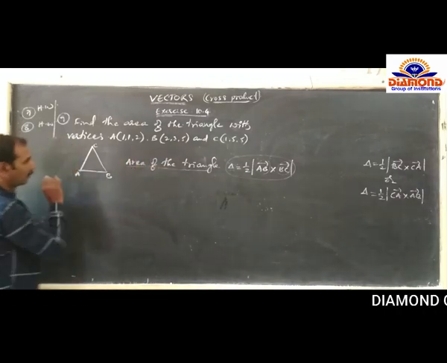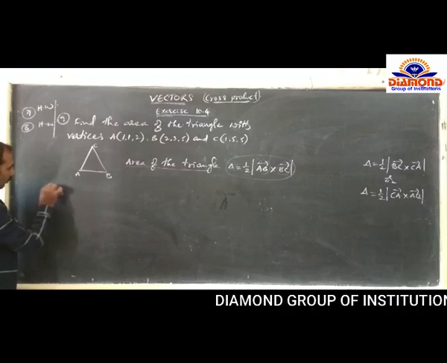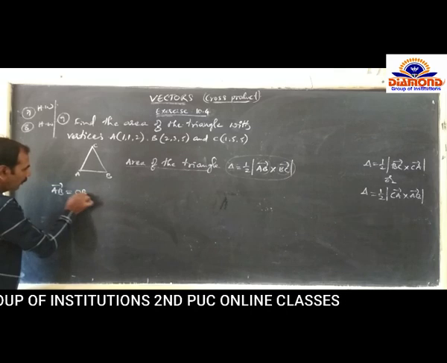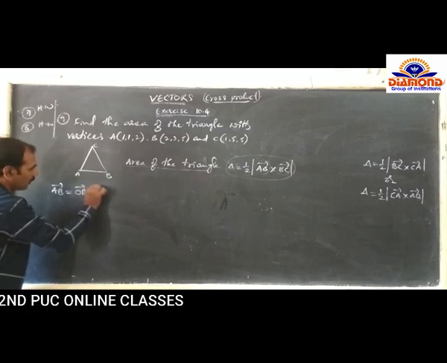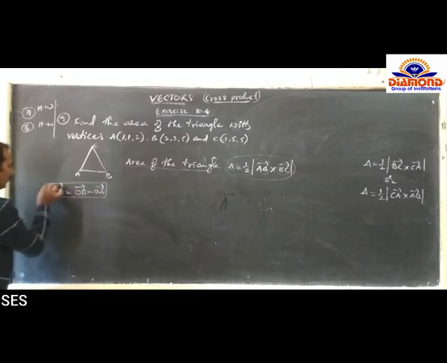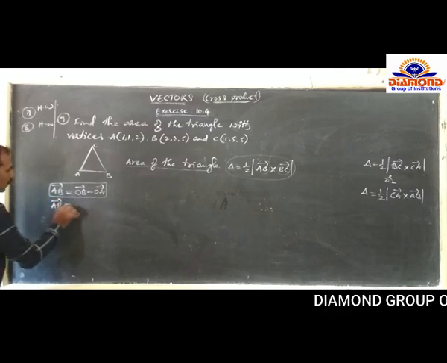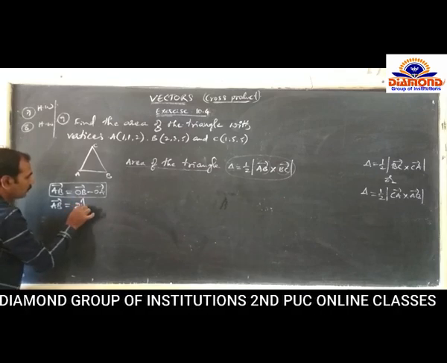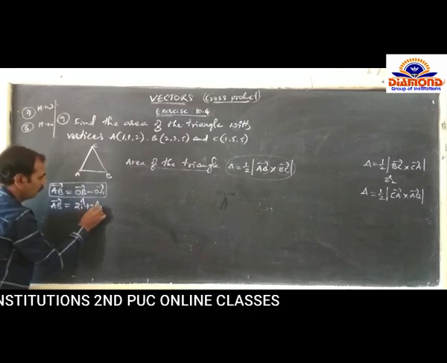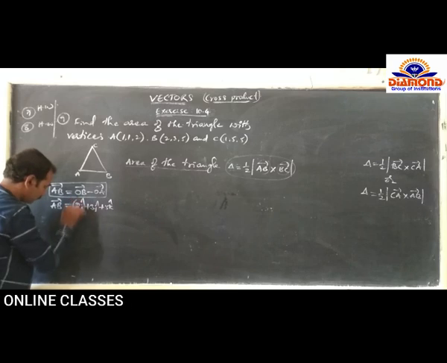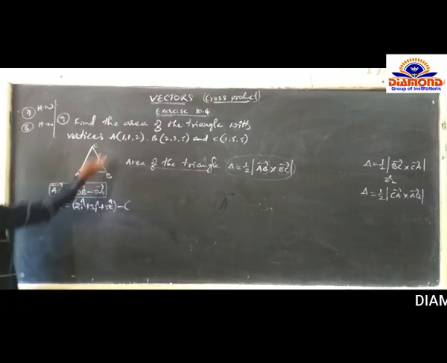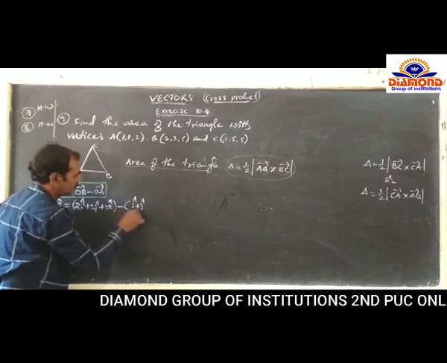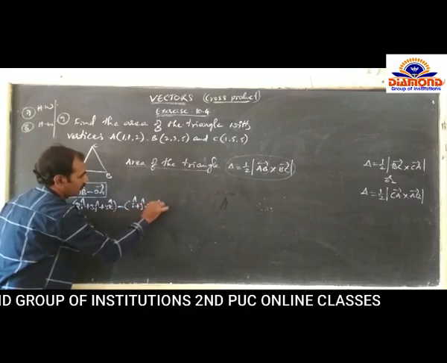So first of all, the AB vector. By using the triangle law, you know that it is OB bar minus OA bar. So AB bar equals OB bar, which is 2i cap plus 3j cap plus 5k cap, minus OA bar, which is i cap minus j cap plus 2k cap.